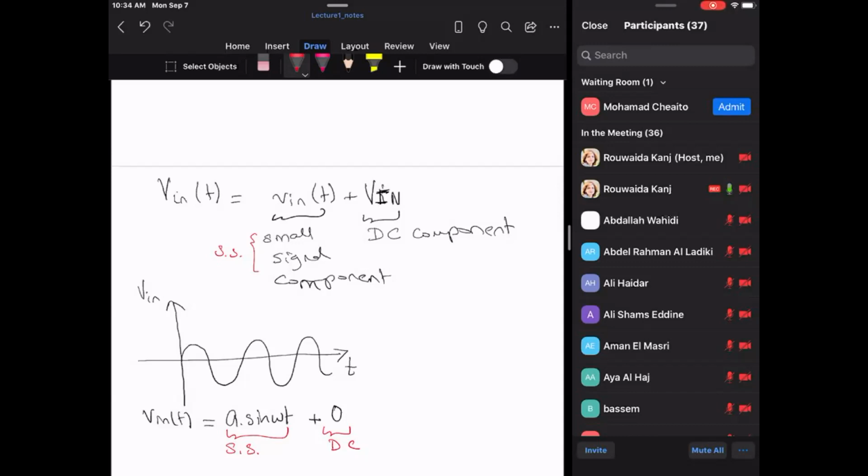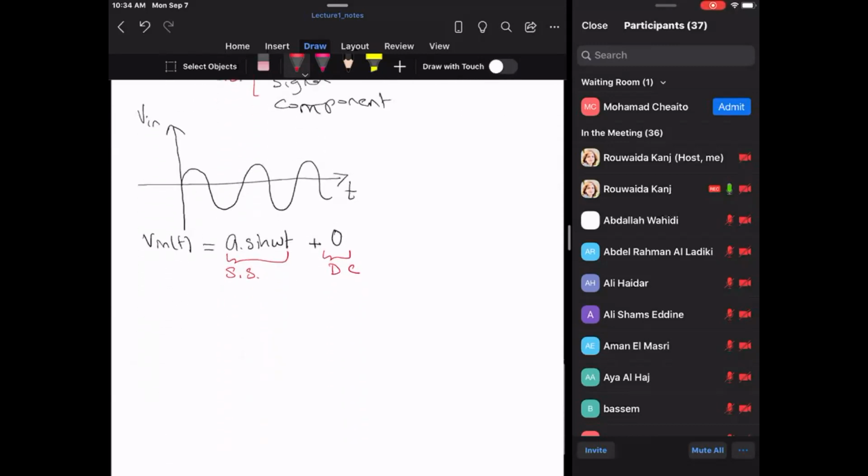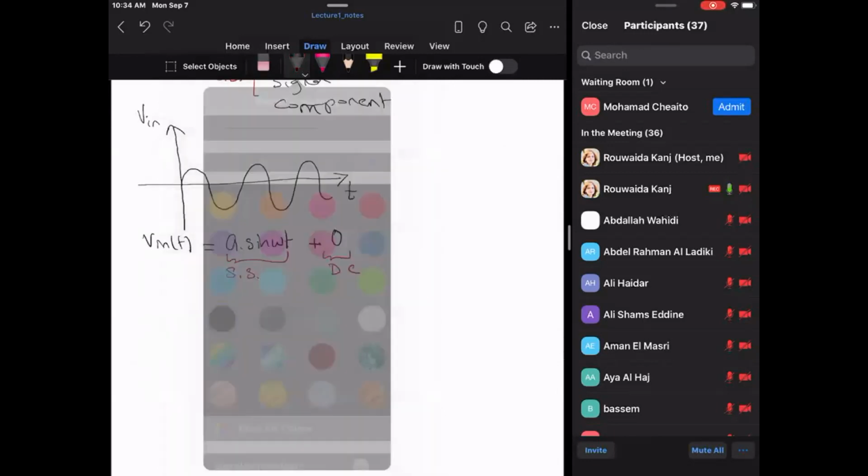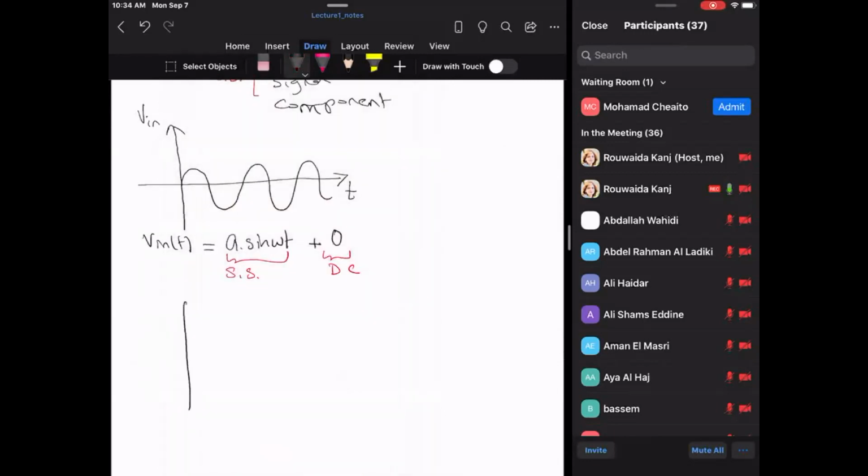Okay, and then we can have another signal, for example, where the DC is not 0. If I have a certain signal Vn of t, which is equal to A sine omega t plus 2.